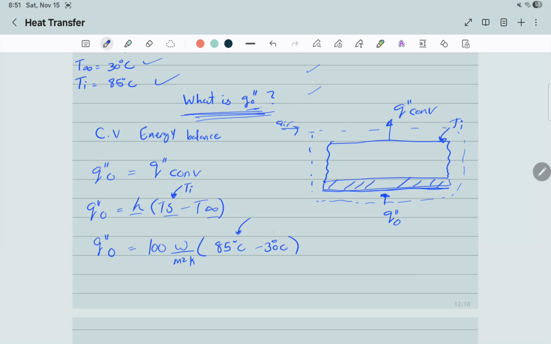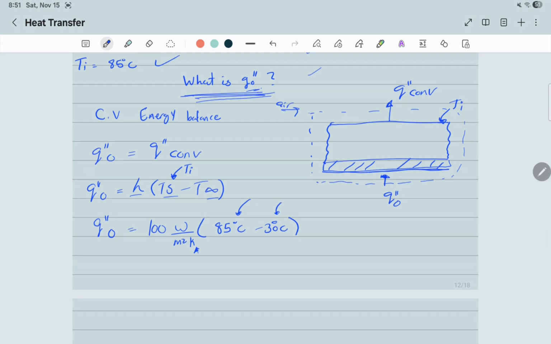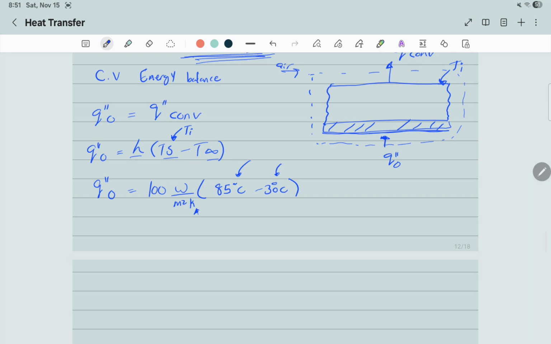The reason these two are in Celsius and won't affect the Kelvin here is because they are a difference of temperature. If they were in Kelvins, they'd have the same difference in temperature as in Celsius, so it won't affect the final answer at all. So the initial heat flux will equal 5,500 watts per meter squared.